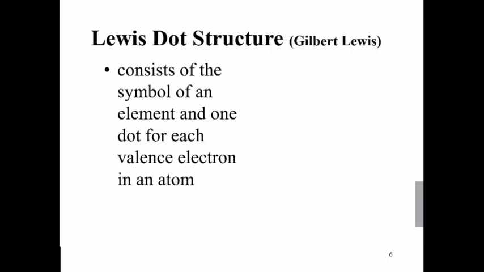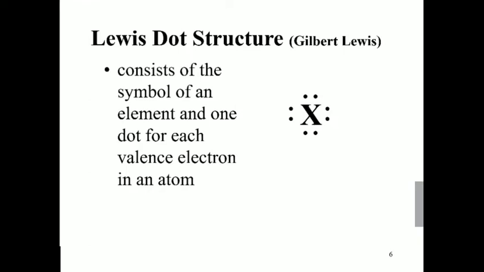In understanding the formation of chemical bonds, we will use the Lewis dot structure by Gilbert Lewis. This consists of the symbol of an element and one dot for each valence electron in an atom. So we have here a general representation for the Lewis dot structure of an atom.